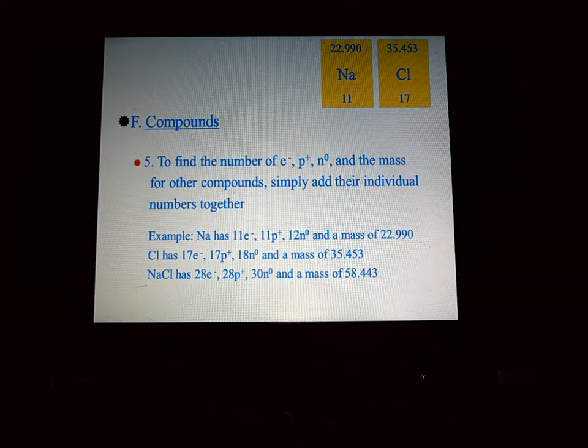Now, in terms of mass, let me remind you, these masses come off the periodic table. They are not for one atom. They are for 1 mole of atoms. Atoms are really tiny, so you need 6.02 times 10 to the 23rd, that mole number. Well, guess what? It's not any different for a compound. Compounds are really little too. I need 6.02 times 10 to the 23rd compounds of NaCl before it actually gets to 58.443 grams.